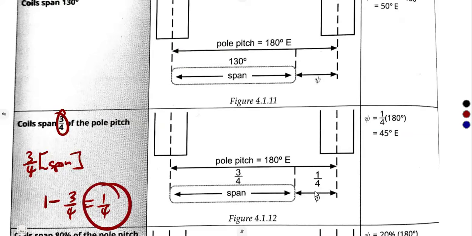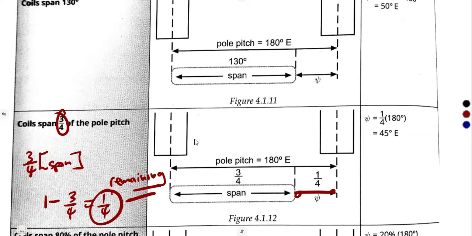The 1/4 that is remaining is our angle of short chord. Meaning the angle of short chord will be the fraction that is remaining out of the span. There will be different conditions for that span.